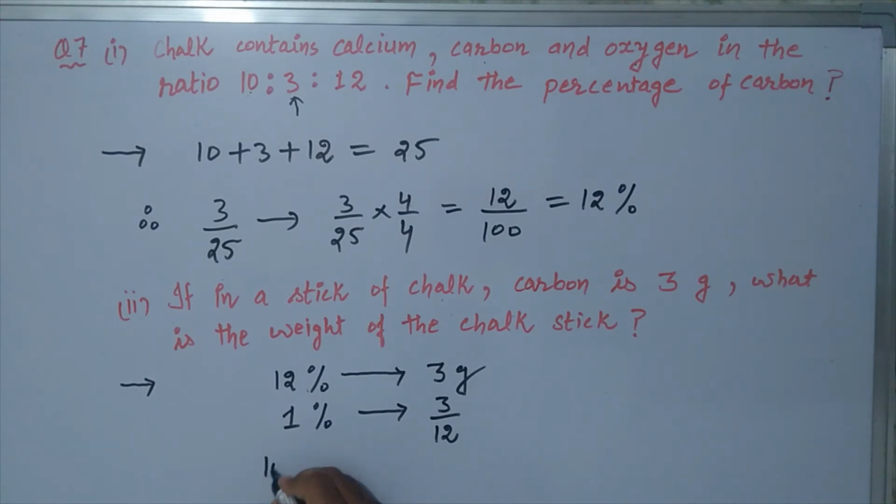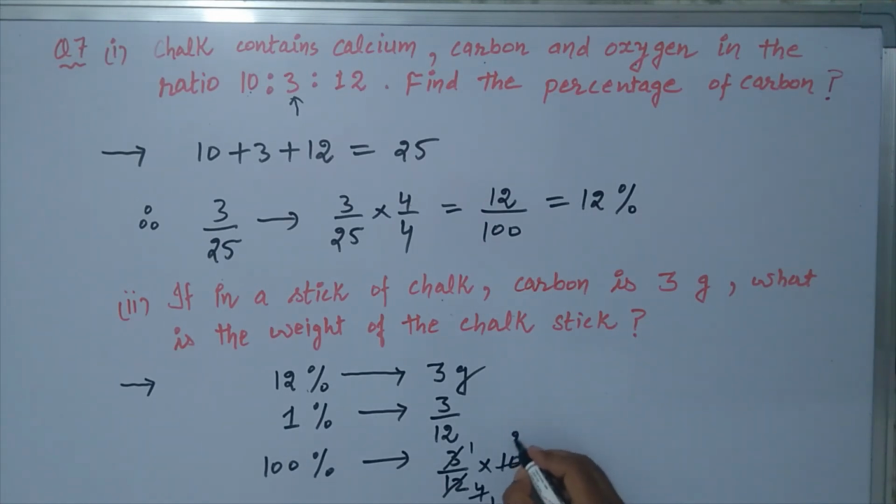So 100% chalk means 3 upon 12 into 100, right? 3 ones are 3, 3 fours are 12, 4 ones are 4, 4 twos are 8, 20.